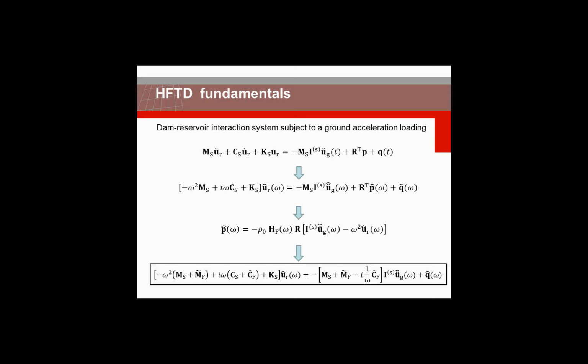This pressure vector can be replaced in the equation, and finally we obtain the last equation we can see in the bottom part of the slide, and we see again the added mass and the added damping terms, but we can see in the right-hand side that we have added terms too, in the same way of added mass and added damping, that are now applied in the multiplication of the ground acceleration. So this relative coordinate formulation has these additional terms.